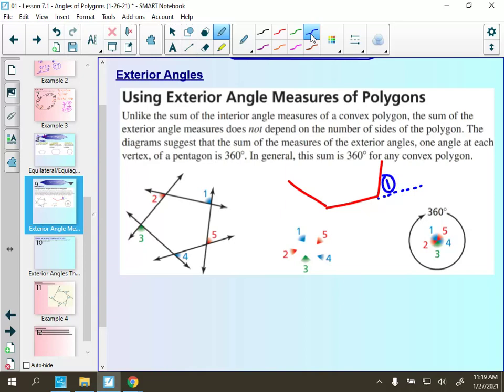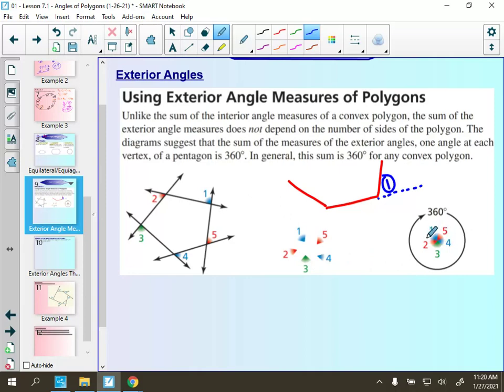So an interior and exterior angle measure sum would add up to 180 degrees. You have an exterior angle for each interior angle. It's a five-sided figure, so I've got five exterior angles, and we pull each one of those apart and keep them in the same position.